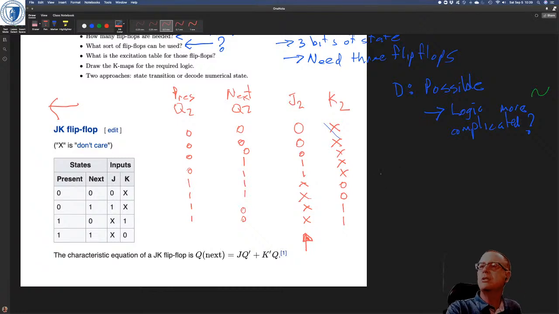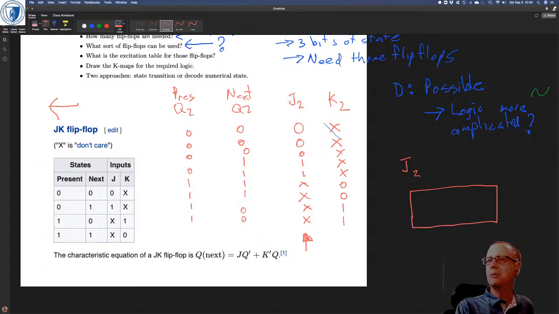Yeah, that's right. So what we do is we put that line in, where we're trying to figure out how to make J2 happen like that. So we form a Karnaugh map. I don't know if you remember Karnaugh maps. I should have drawn it a little better.